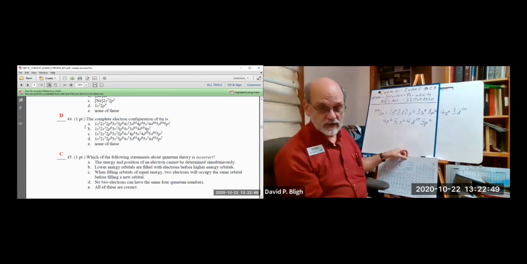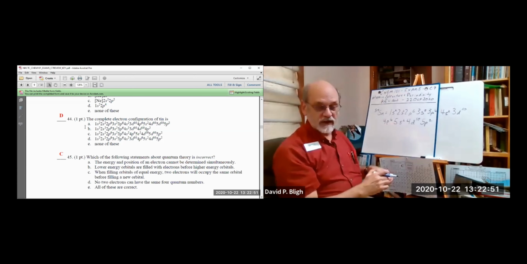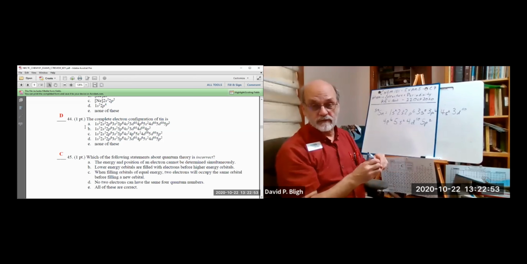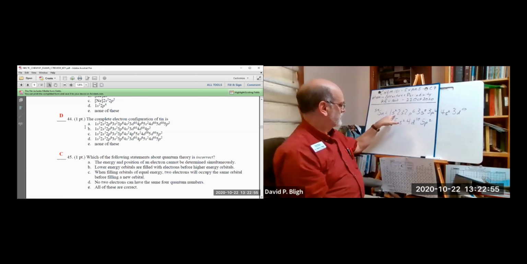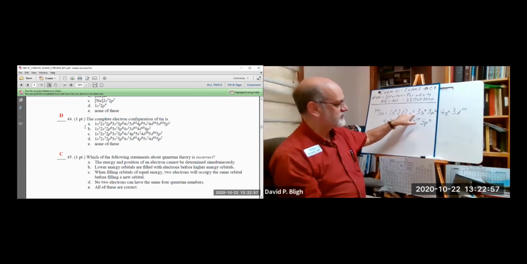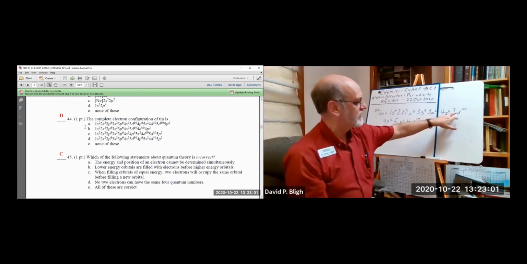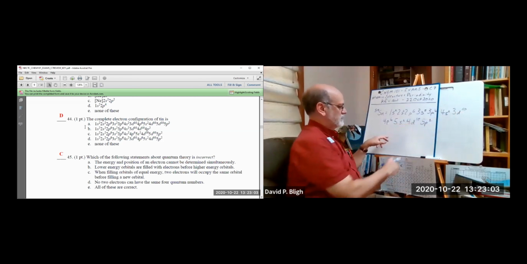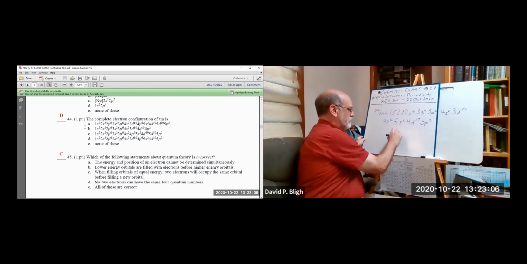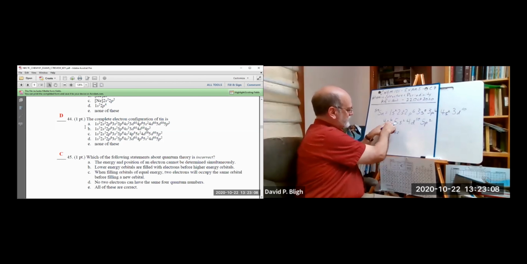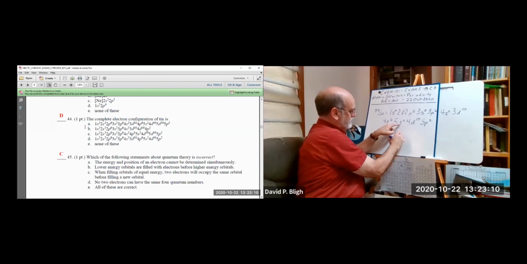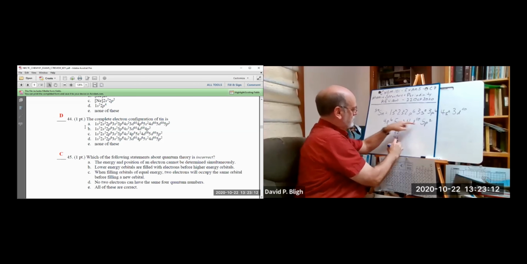That's how you use the periodic chart to write your electronic configurations. And then you can check yourself, right? Add them up, right? 2, 4 plus 6 is 10. 2, 4 plus 6 is 10. That's 20. Plus 10 is 30. Plus 10 is 40. Plus 6, 46, 48, 50.